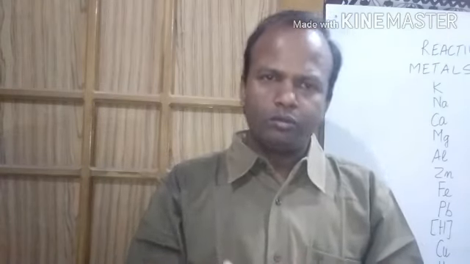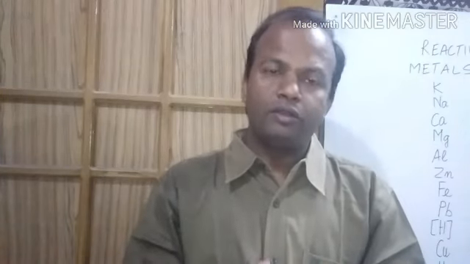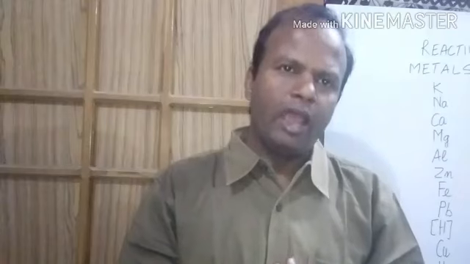Means the more electropositive, in case of metals. What is the meaning of electropositive? It readily forms cations by losing electrons. And non-metals are more electronegative, which readily accept electrons to form anions.